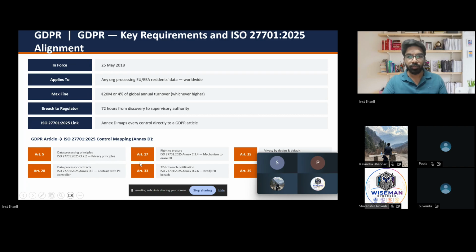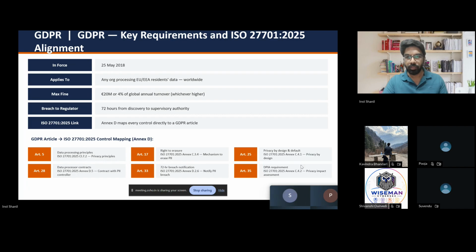Clause 7.2, clause 3.4, and then clause 4.1, 4.2, Annexure D 2.6, and then Annexure D5, D1.5, contract with PII controller. So this is how some of the controls overlap within each framework. As I was telling you in the beginning, there can be 10 frameworks, but ultimately 20 to 30% of all the controls would overlap each other. They would be similar.